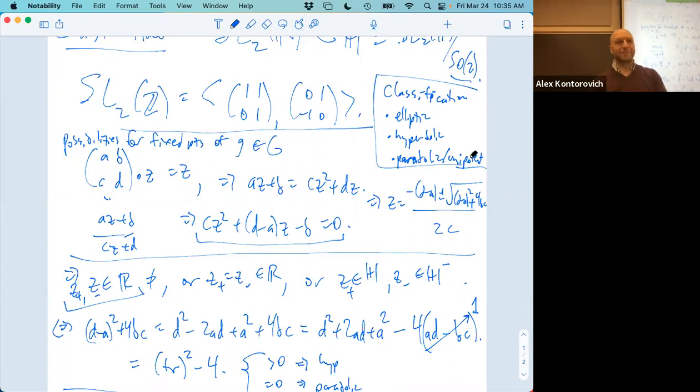But trace squared is well defined. So I'm just going to say trace is plus or minus 2 for parabolic. If this is bigger than 0, that means trace is bigger than 2 or less than -2, so the absolute value of trace is bigger than 2. And elliptic is absolute value of trace less than 2.